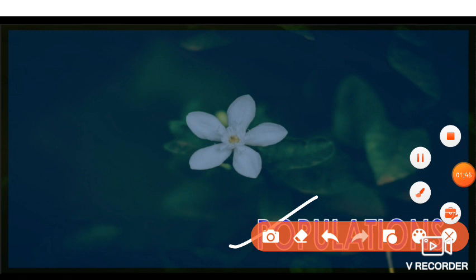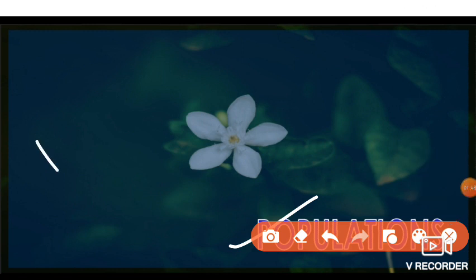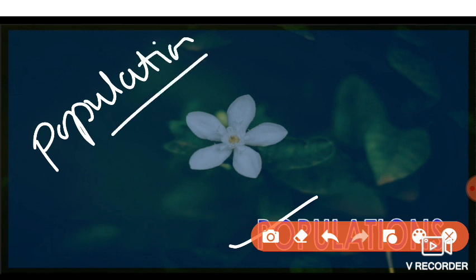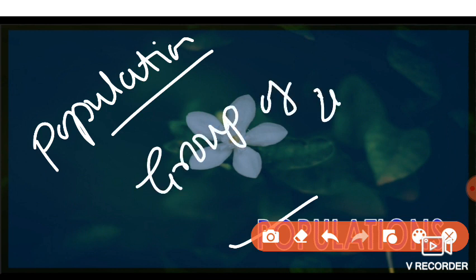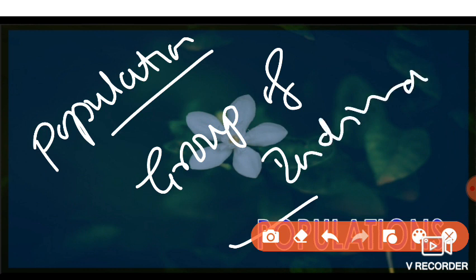Simply, we know what a population is. In general, we commonly say a population is a group of individuals. But a group of individuals is not a complete definition of population.